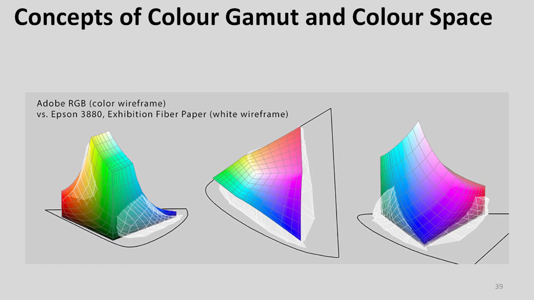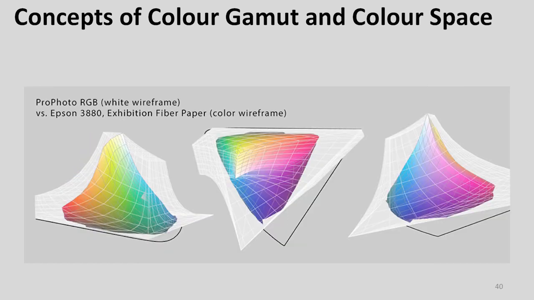So the Adobe RGB color space is the color wireframe, and the Epson 3880 fiber is a white wireframe. So you can see that the Adobe RGB maps beautifully within Epson 3880 printer gamut and profile.